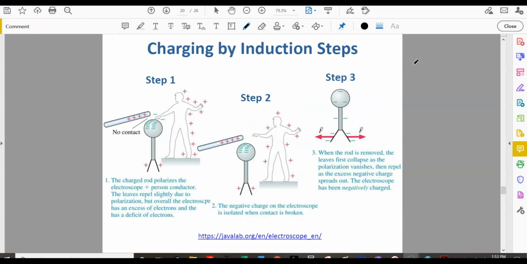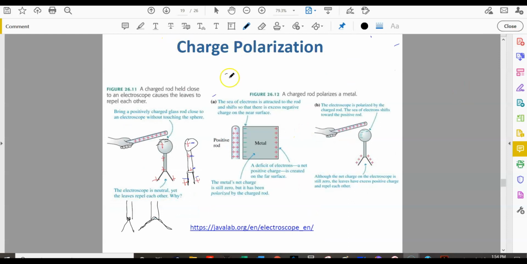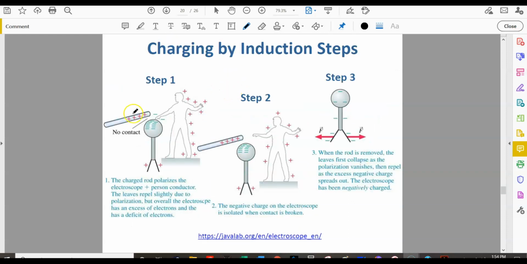So in addition to charging by friction, where you're ripping electrons off an object, or an object is having its electrons ripped off of it, there's also another thing called charging by induction, okay? And what you do is you use charge polarization to induce electrons to get close to the surface of that electroscope.